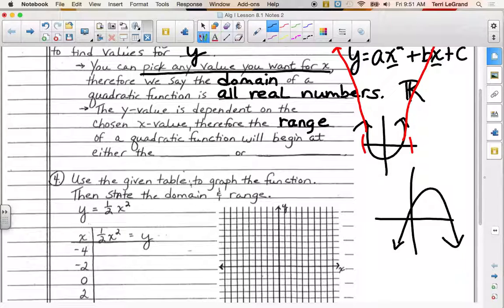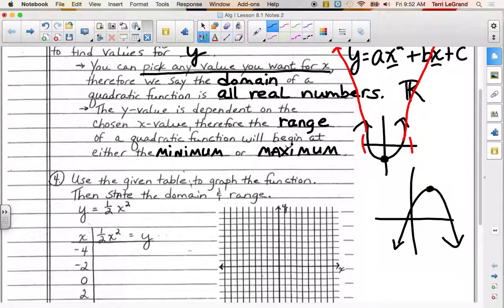So when we talk about the range, it's either going to begin at the minimum, the y value of the vertex, or it's going to begin at the maximum. And we're going to have to state them as inequalities.